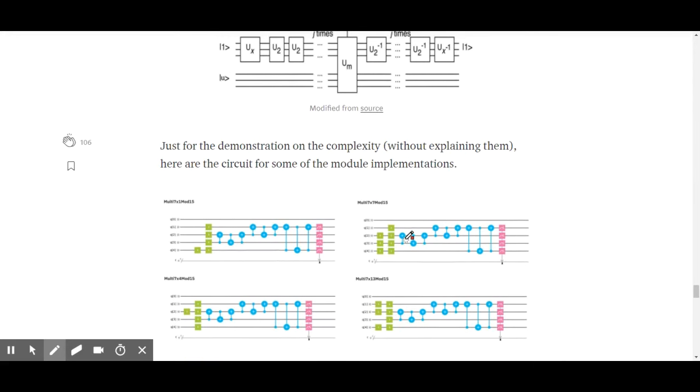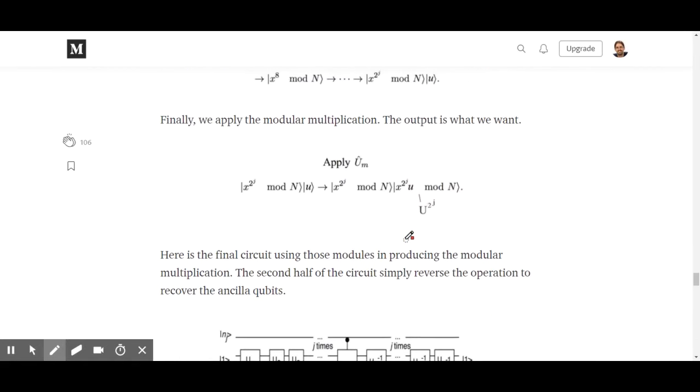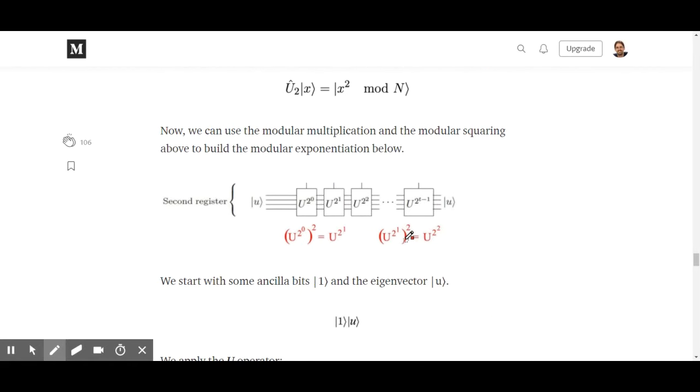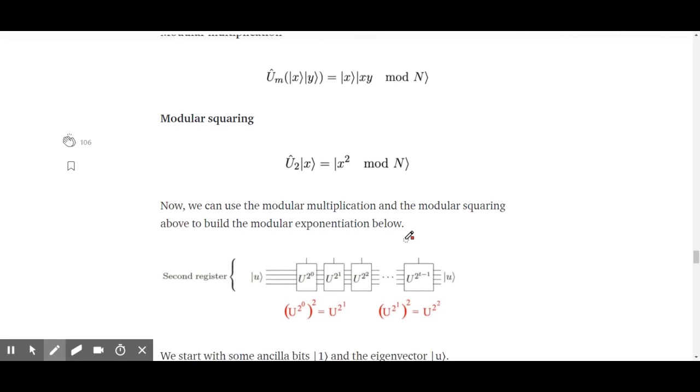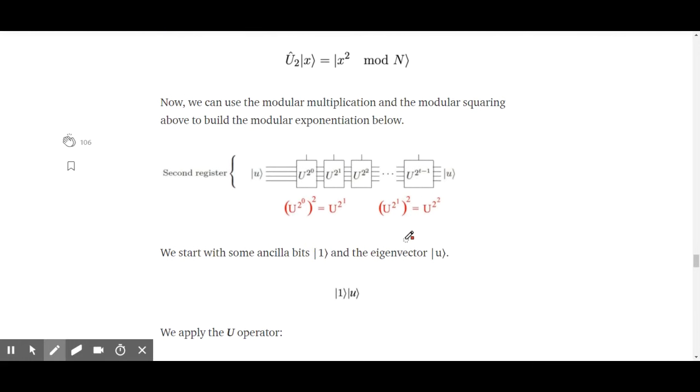Oh, cool, some actual examples. Now we can use the modular multiplication and the modular squaring above to build the modular exponentiation below. So second register, what is it doing here? U to the power of 2 to the power of 1, to the power of 2. It's like u to the power of 2 to the power of 2.